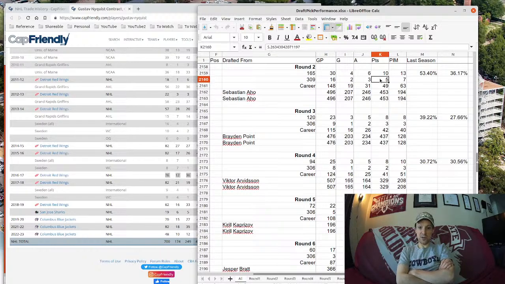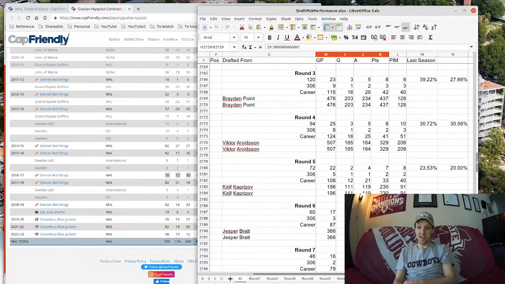And then you go third round to fourth round, or between second round and fourth round, the expected performance, again, the same. Not much different.